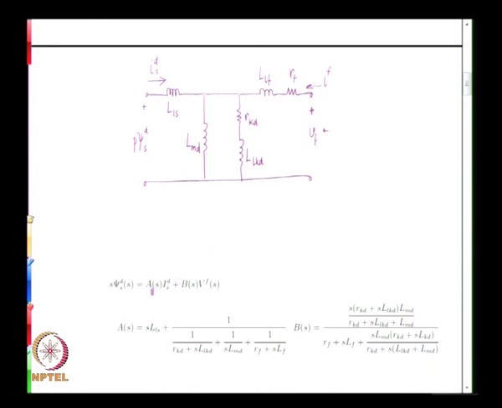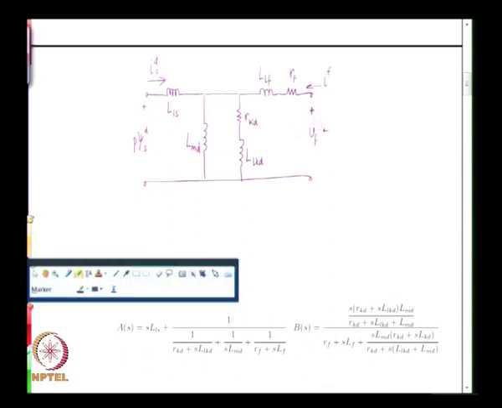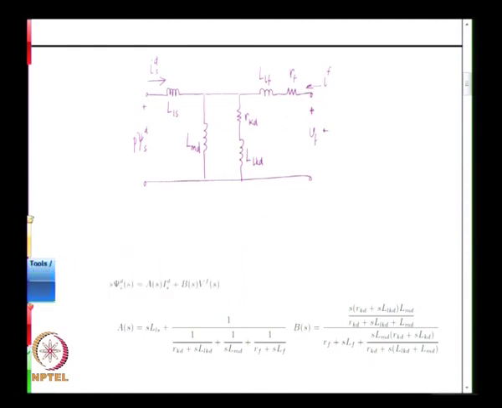So, in order to obtain this A of s, what do we do? We short one of the inputs, since this is a source of voltage, that is to say, in other words, what we are doing is we are assuming that there is a current source here, that is Id of s, there is a voltage source here, that is Vf of s. Let me remove this.